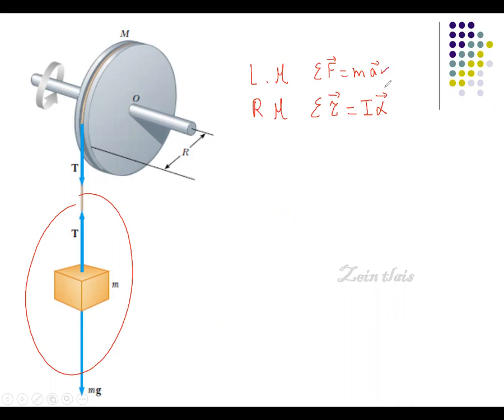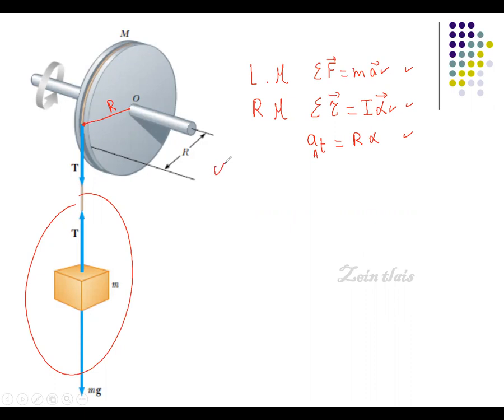I need to calculate a, I need to calculate alpha, and after that I need to calculate T. We have a relation between a and alpha, so the third relation will be A tangent equals R times alpha. I take the point A: A tangent of A equals R times alpha, R for the point A. We have 1, 2, 3 relations, so we can solve the problem by using these equations.